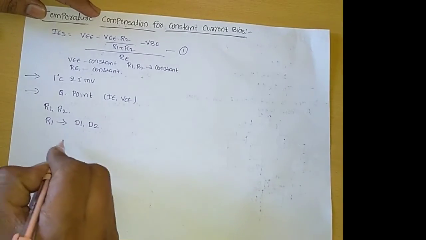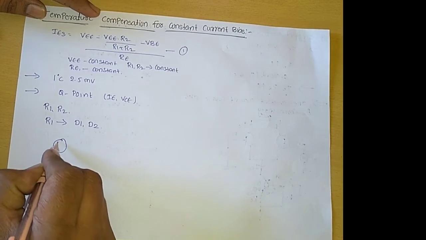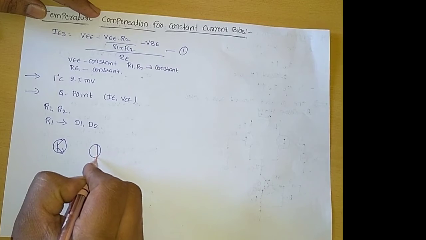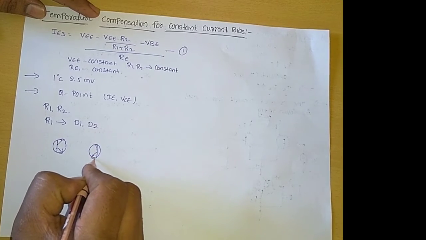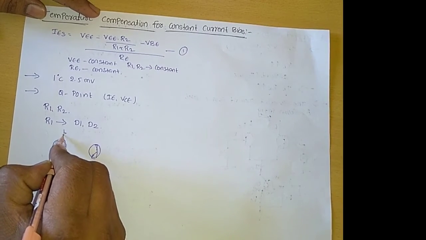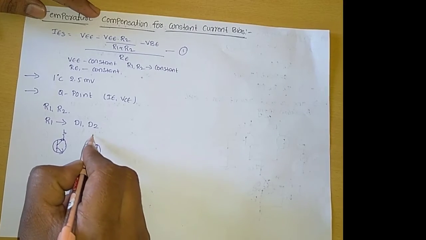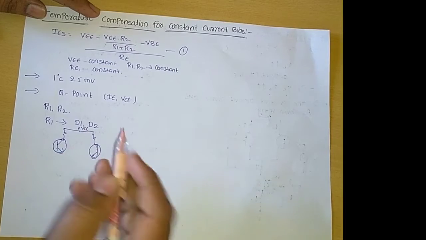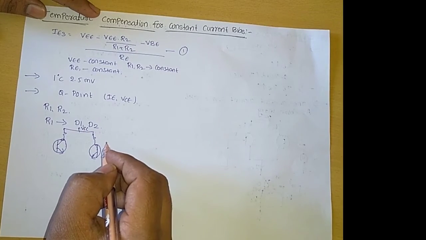We are drawing that circuit, and we know that circuit is a dual input balanced output difference amplifier.